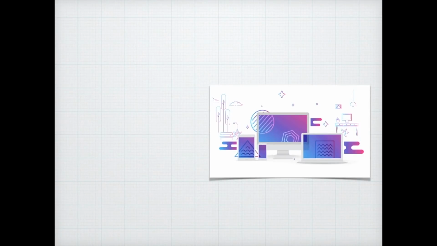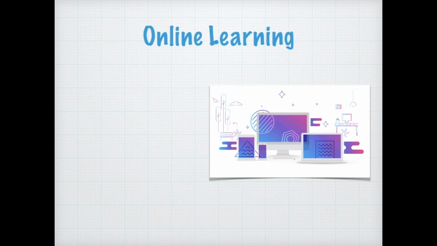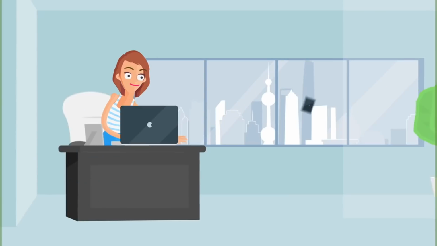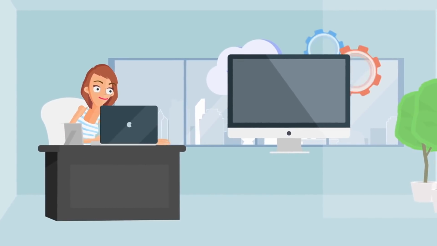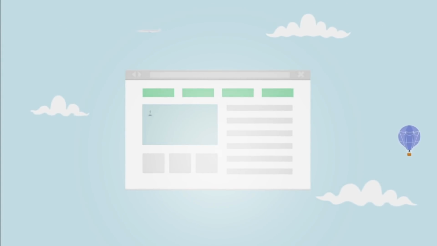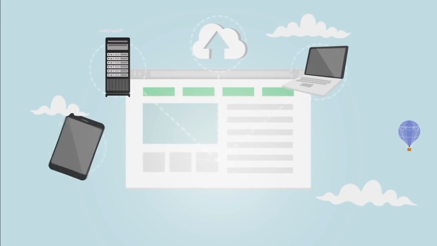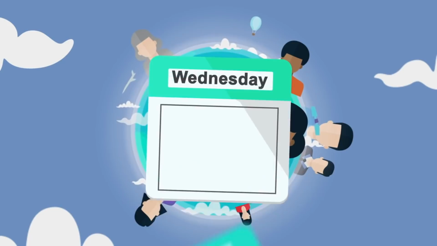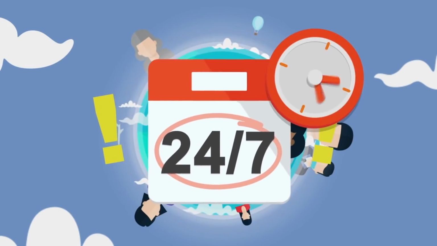Another is online learning. Online learning means that the educational tool is based on and accessible from the internet. This can also be heard as cloud-based education solutions. Regardless of its name, online learning programs are anytime, anywhere tools, which also means learning from home.